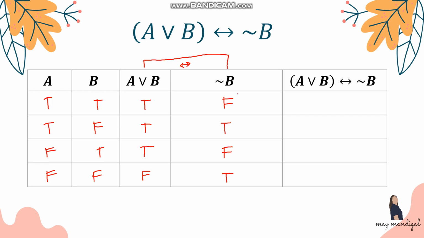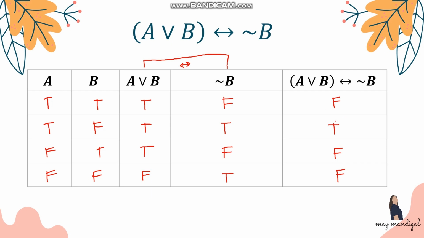This one is true, this one is false. So that makes the biconditional proposition false. This one, we have both of them are true. So that means our biconditional proposition is true. These two right here, they are different. So this is false. Last one are different as well. So this one is false. Okay?